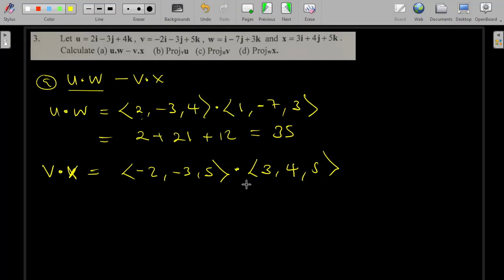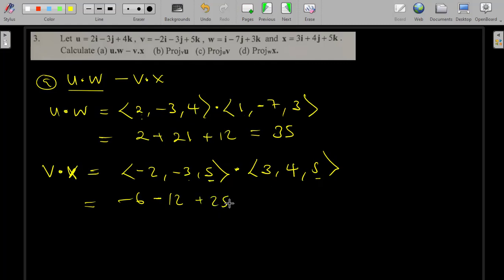Doing the dot product there, I multiply the first ones: negative 2 times 3 gives me negative 6. Then plus negative 3 multiplied by 4 gives me negative 12. Then I multiply 5 by 5, that is 25.